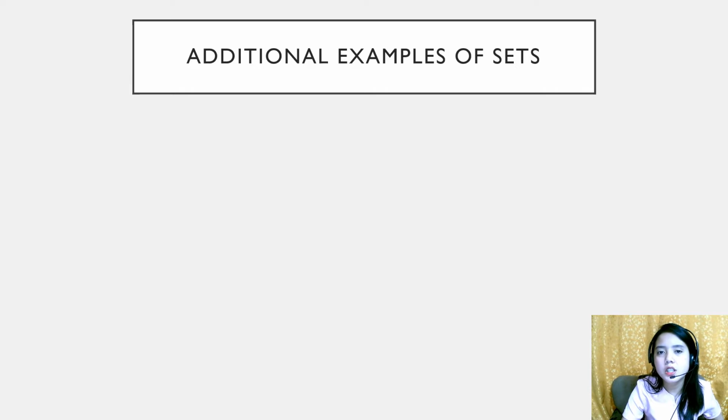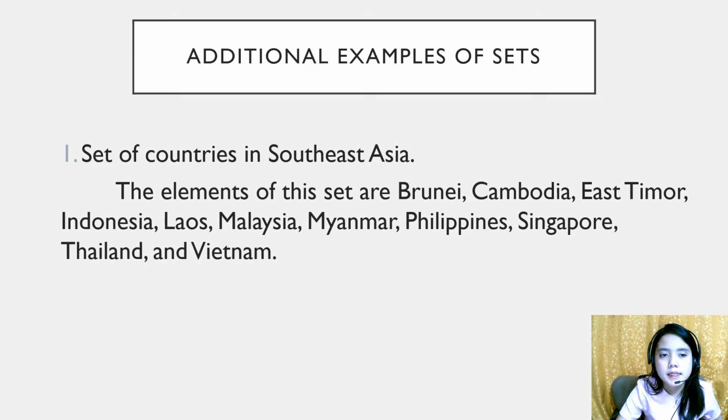Okay, let's have additional examples of sets. Number 1, we have set of countries in Southeast Asia. When we say countries, unsa na siya sa Tagalog? We have mga bansa. Mga bansa sa Southeast Asia. The elements of our set are Brunei, Cambodia, East Timor, Indonesia, Laos, Malaysia, Myanmar, Philippines, Singapore, Thailand, and Vietnam.